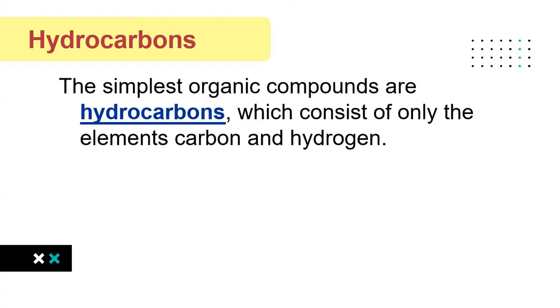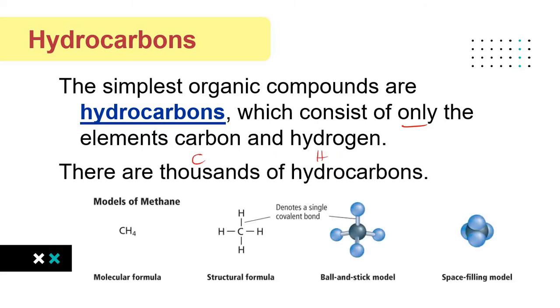Okay, hydrocarbons. These are the simplest organic compounds, and we call them hydrocarbons. They consist of only the elements carbon and hydrogen. There are thousands of hydrocarbons, and they're everywhere around us.